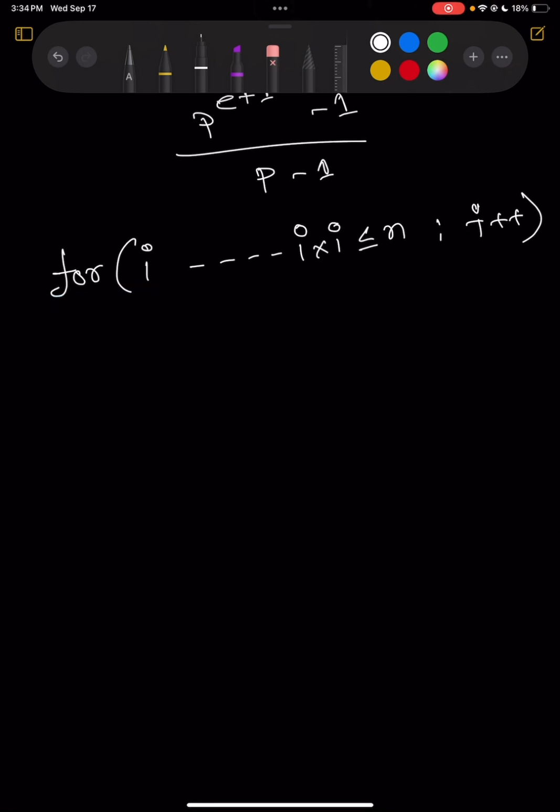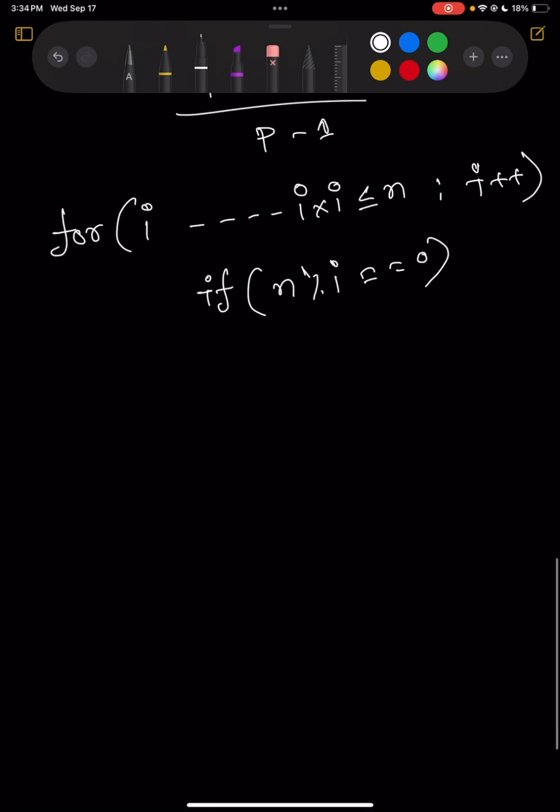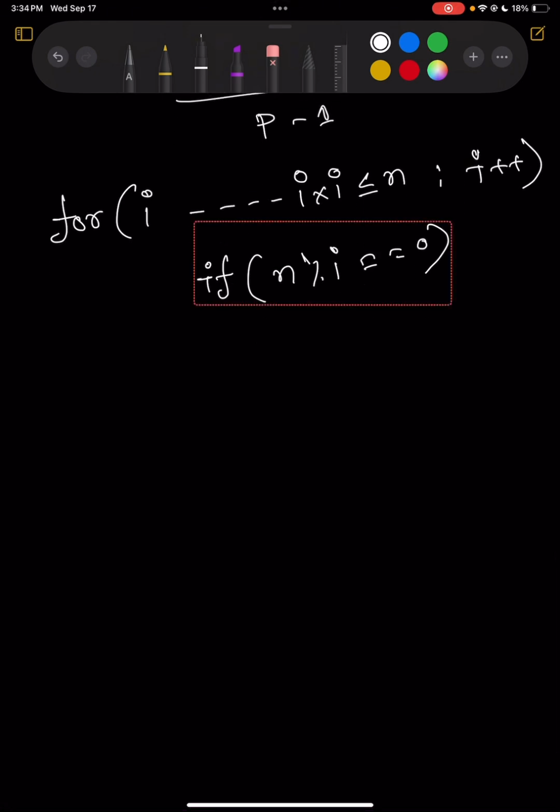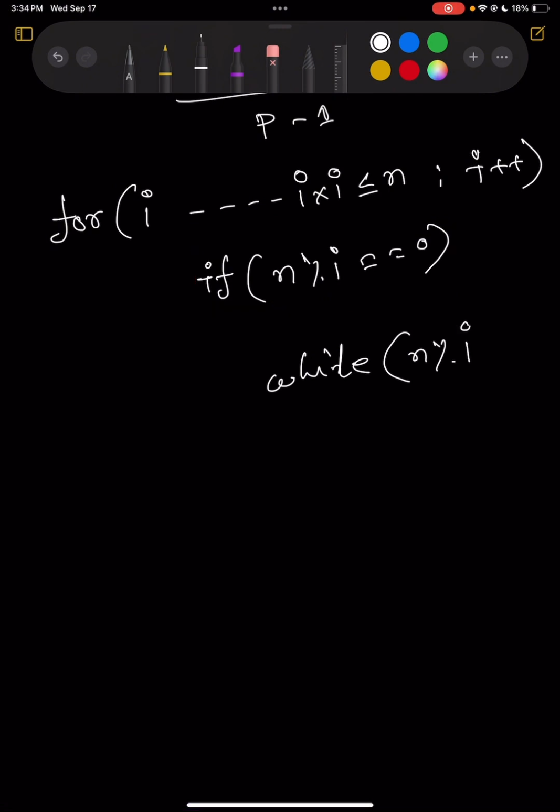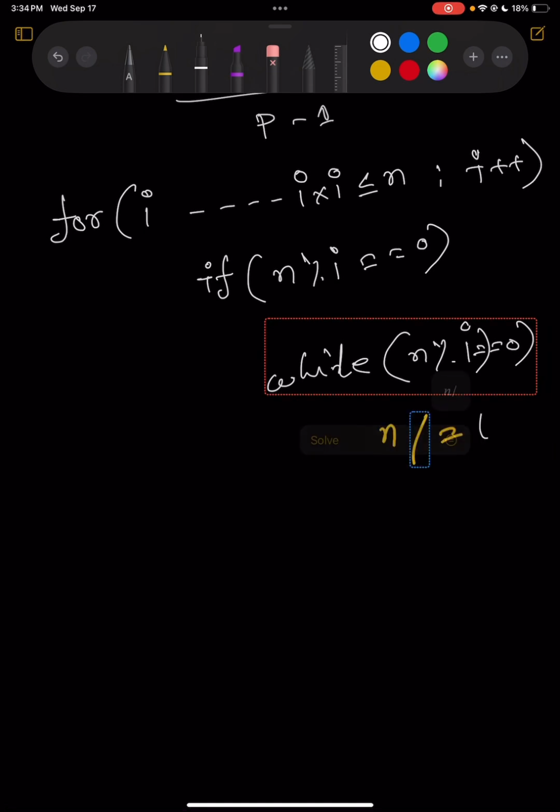We take a first value 0, then our factorization part starts: while n is divisible by I, we divide n by I. Here is our counter.